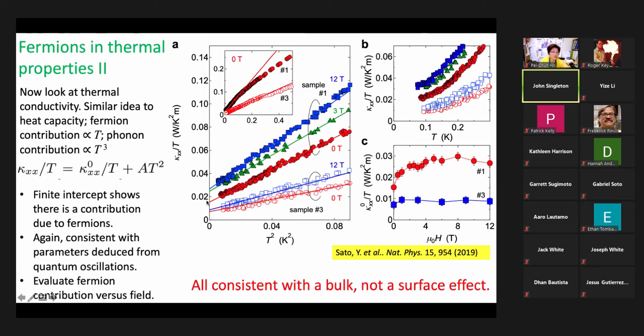And you can see, indeed, these things have finite intercepts here. If we work it out as a function of field, you can see that these are constants as a function of field, and they're of a similar order of magnitude to each other. So the finite intercept shows that there's again a contribution due to fermions. And this size is consistent with the parameters deduced from quantum oscillations. And so these things are all telling us that this material is filled with a load of things that look like electrons, behave like electrons, but don't conduct electricity.